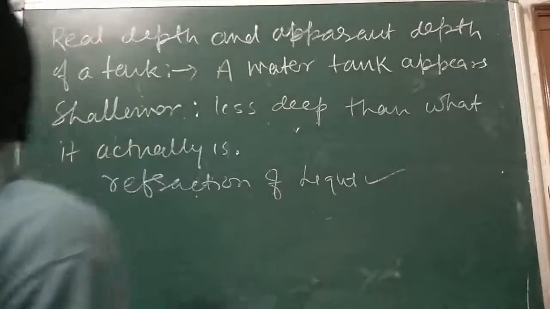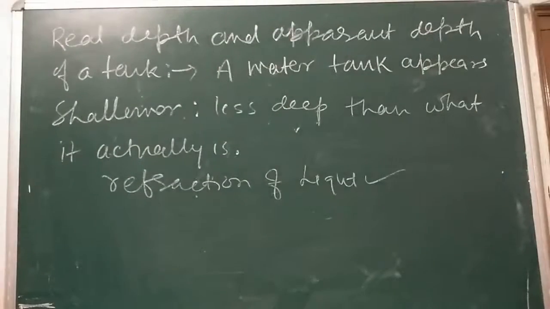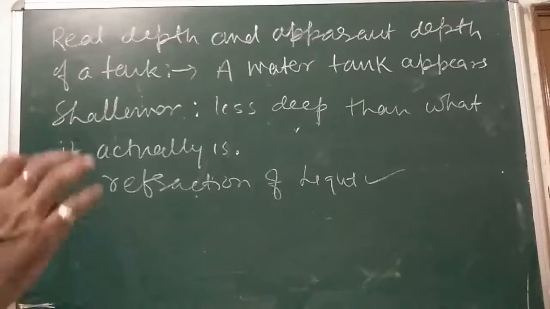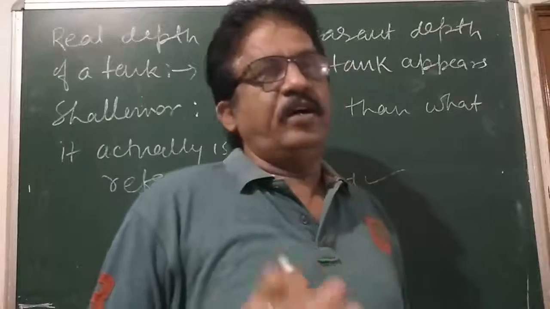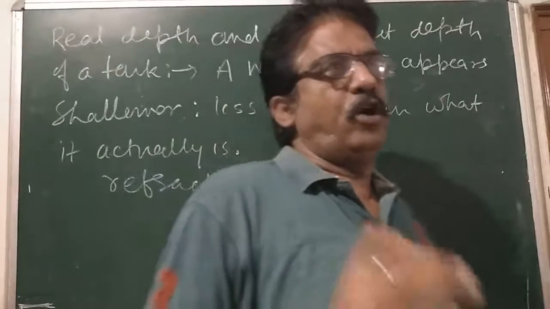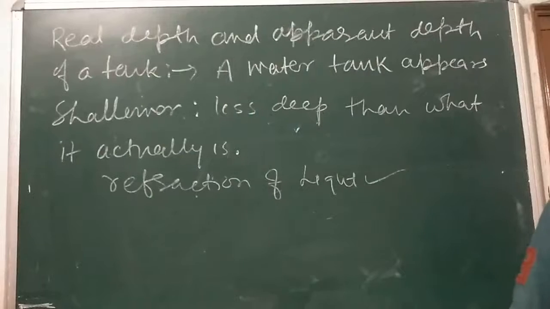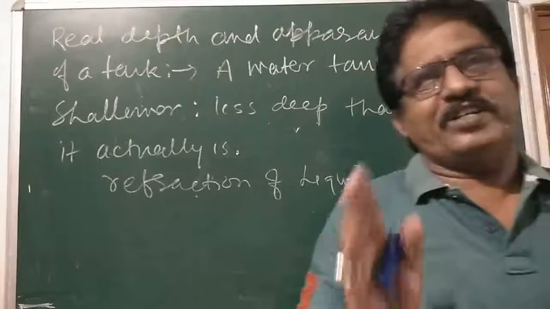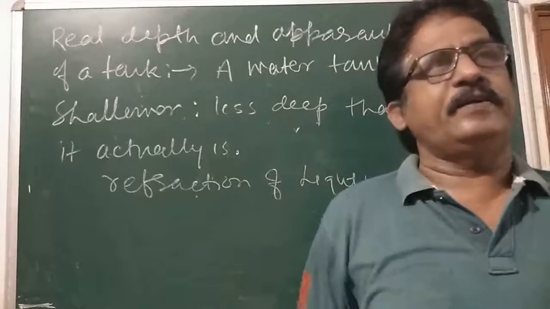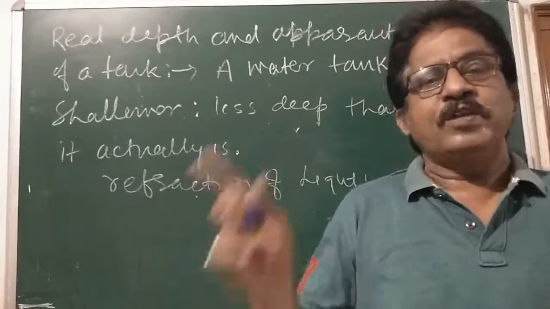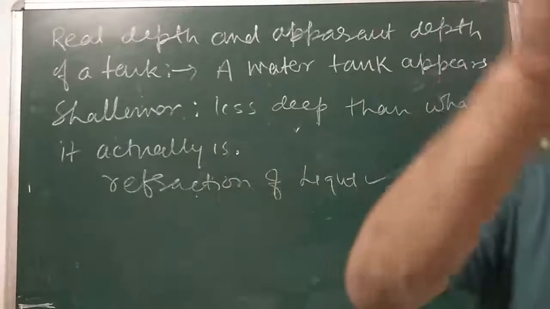So now, dear children, write down. Earlier we have seen refraction through a glass slab, lateral displacement, all we have seen, refraction of light. You know very well what is refraction of light, a bending of light when it passes from one medium to another medium.